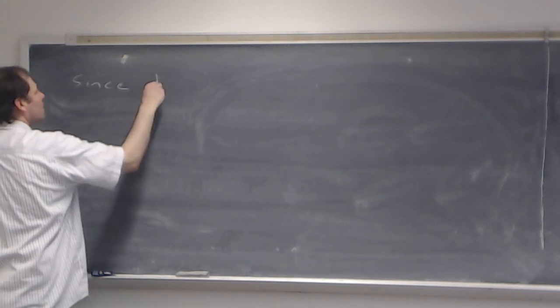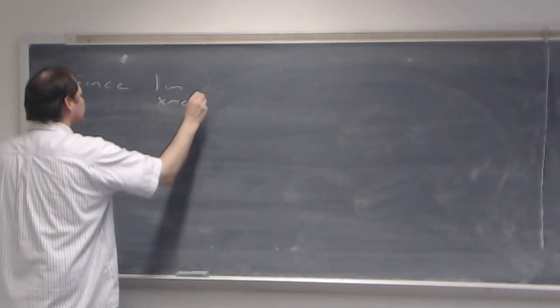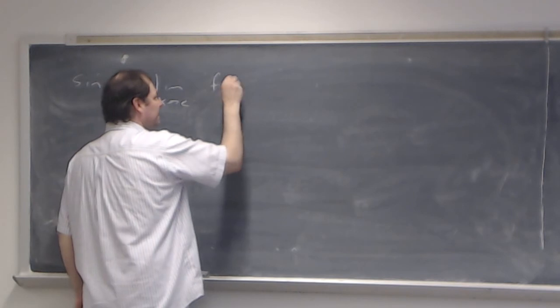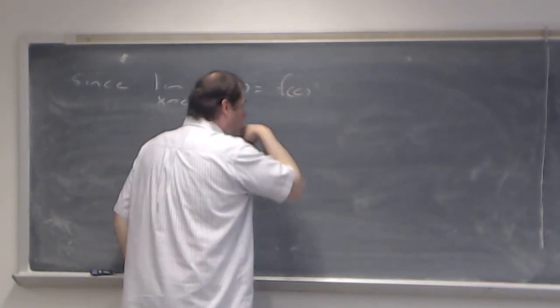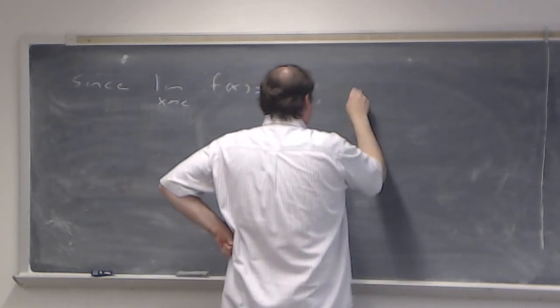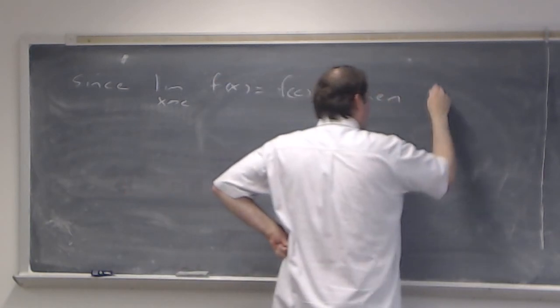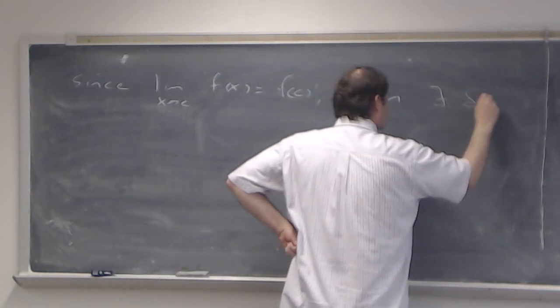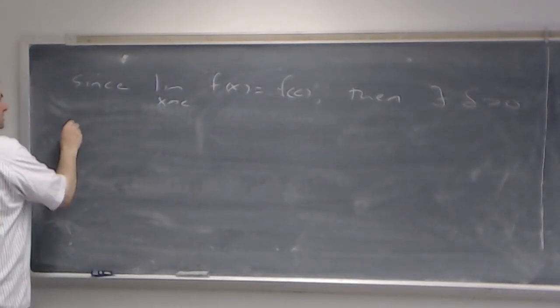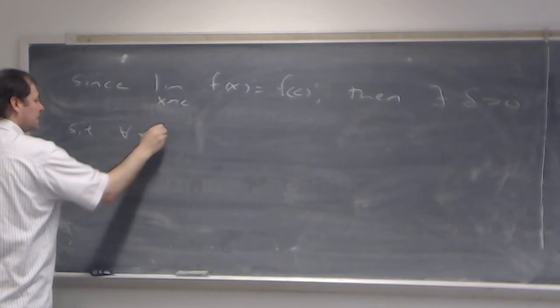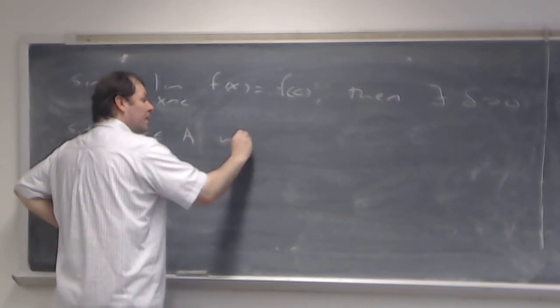Since the limit as x goes to c of f of x equals f of c, then we've been given an epsilon, so there exists a delta greater than 0 such that for all x an element of A, with what?